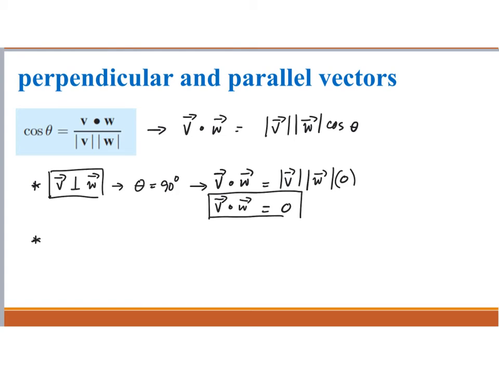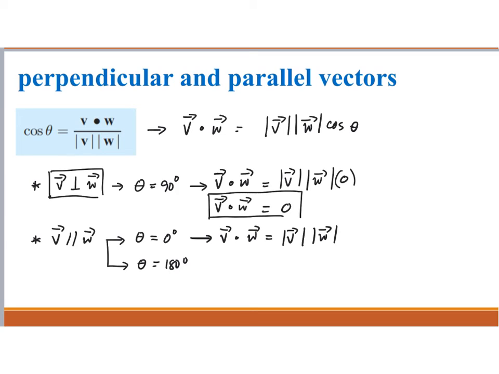As for parallel vectors, let's say that V is parallel to W. So two things: if the vectors are parallel, either the angle between them is 0 or the angle between them is 180 degrees. Now, the formula becomes V dot W is equal to magnitude of V times magnitude of W times cosine 0, and cosine 0 is 1.